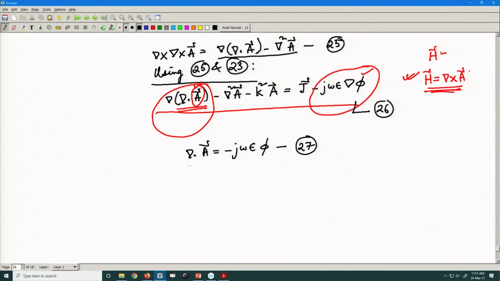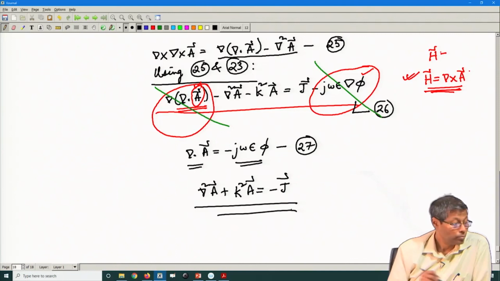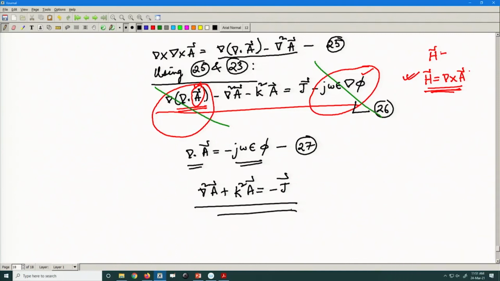So, once divergence of A is defined in this way, immediately these two terms cancel, and therefore, we are left with grad square A plus k square A equal to minus j, which is equation number 28.